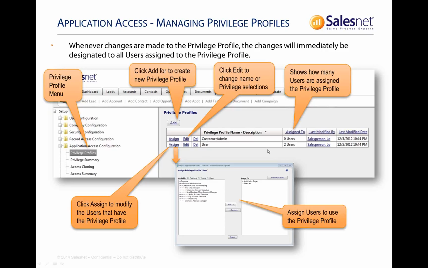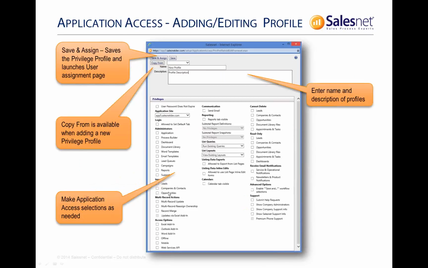I know for our folks that are managing 10s, 20s, hundreds of users, this can be very handy when it's time to roll out a new group or to modify the privileges for those departments. So we can set up the privilege profiles, we can assign them out, and here you can see the screen looks just like the screen that you see in the user profile.